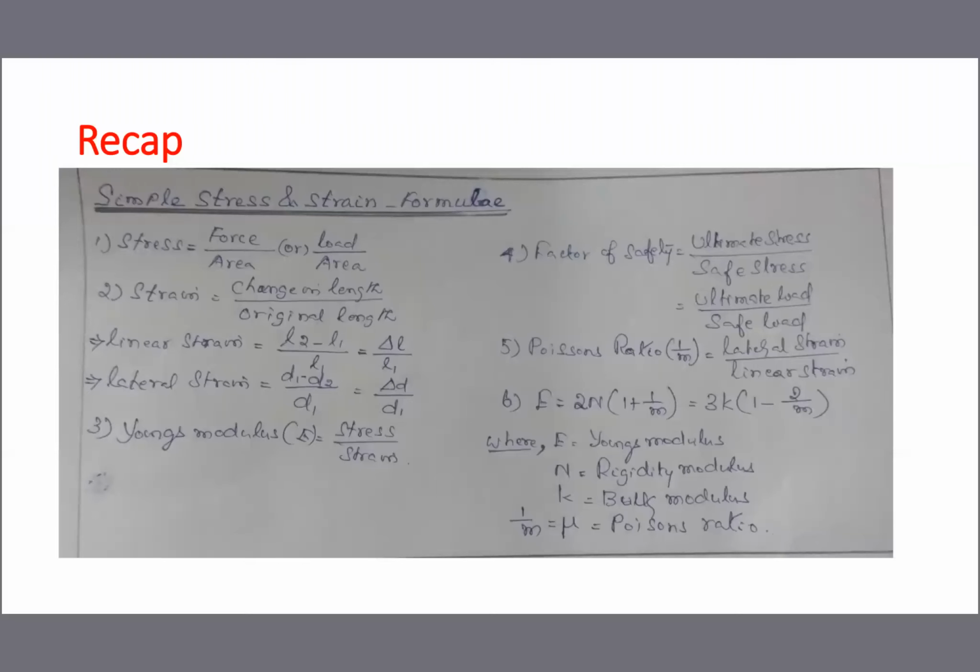The relation between the three moduli can be found using this formula: E is equal to 2N within bracket 1 plus 1 by m, is equal to 3K within bracket 1 minus 2 by m. So keep the formulas in mind, then we can go into the problems.